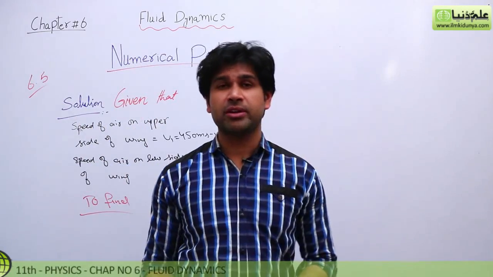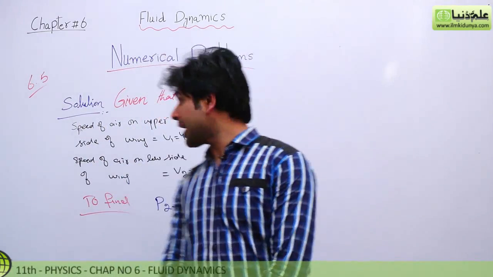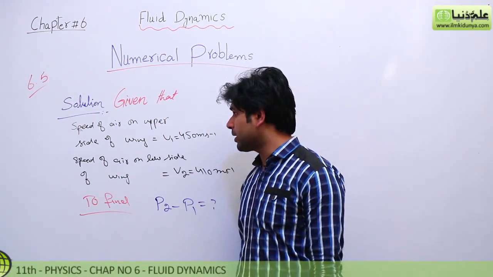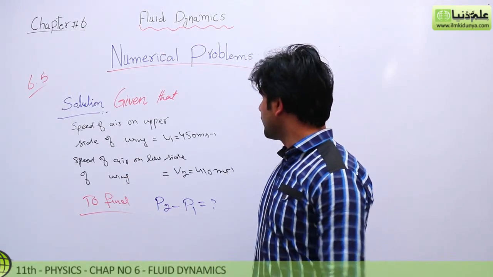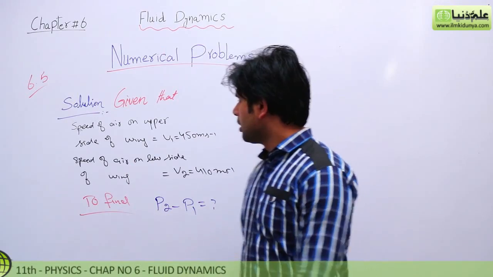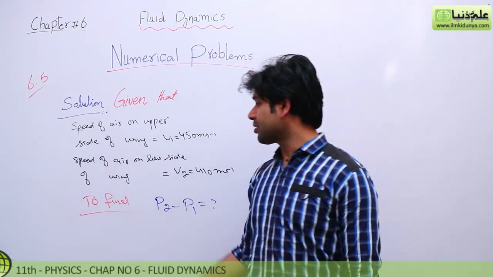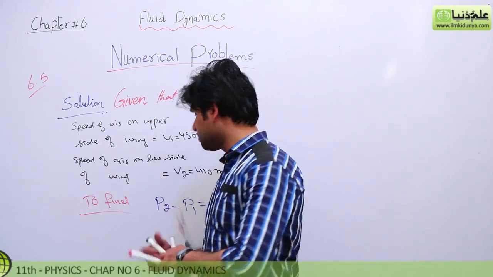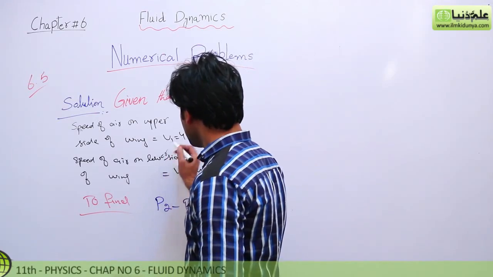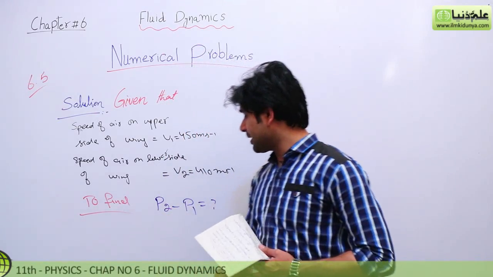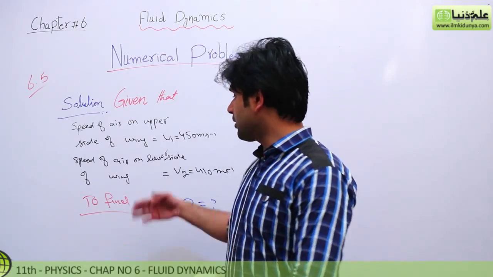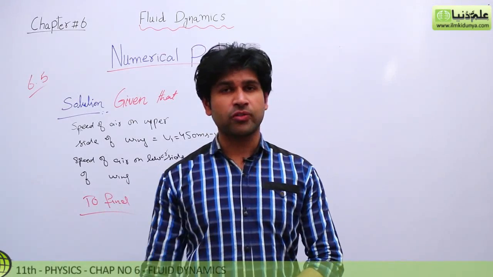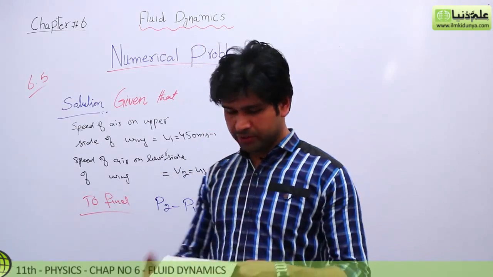In data we have given the speed of air on upper side of wing as V1, 450 meter per second, and the speed of air on the lower side of the wing is given as 410 meter per second. We can write this as V2. And what will we have to find out? To find pressure difference between two situations.